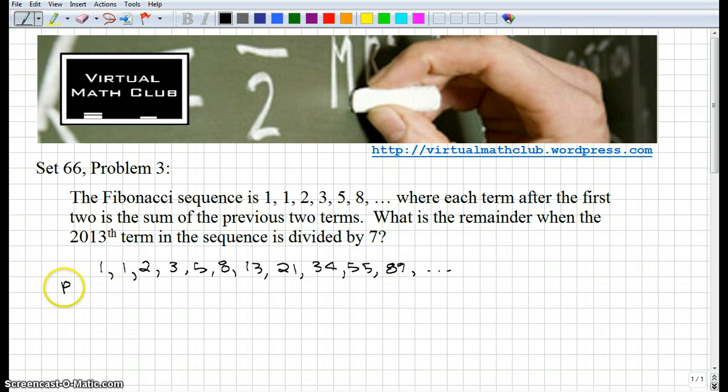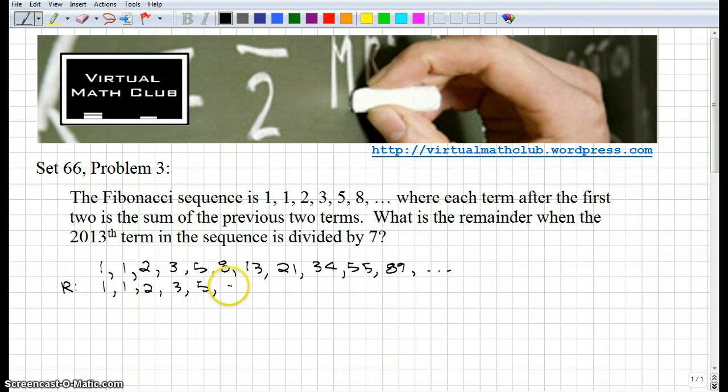Okay, so let's look at the remainders of each of those terms when they're divided by 7. You divide 1 by 7, it's basically 0 sevens and 1 left over, so the remainder is 1. Until we get to something bigger than 7, the remainder is just going to be the number itself. So this is the remainder of 2, remainder of 3, remainder of 5, and finally we get to 8.